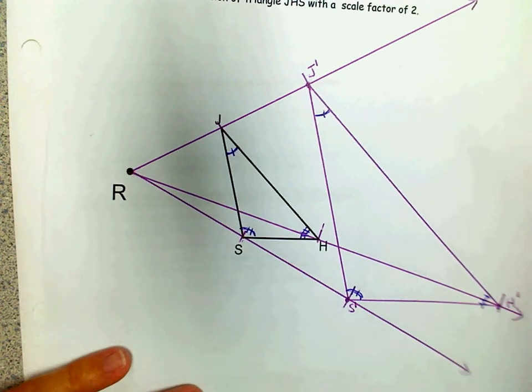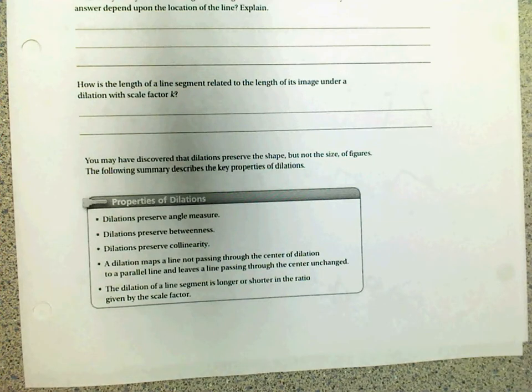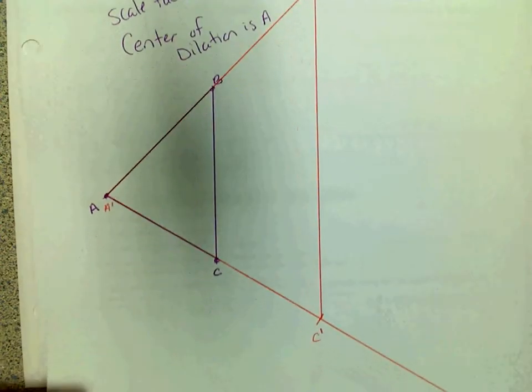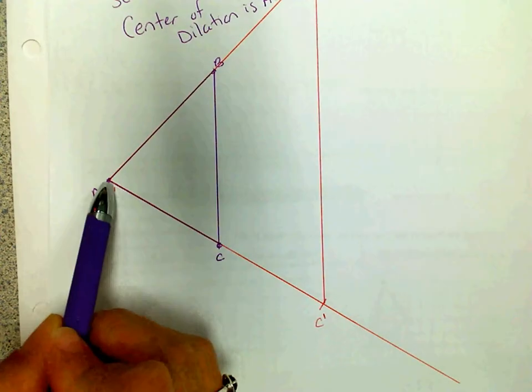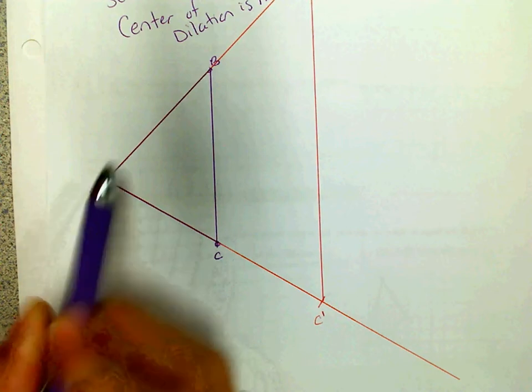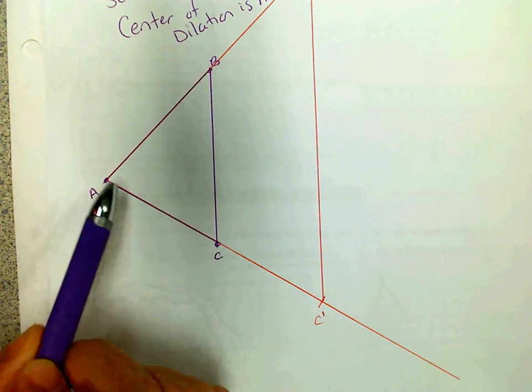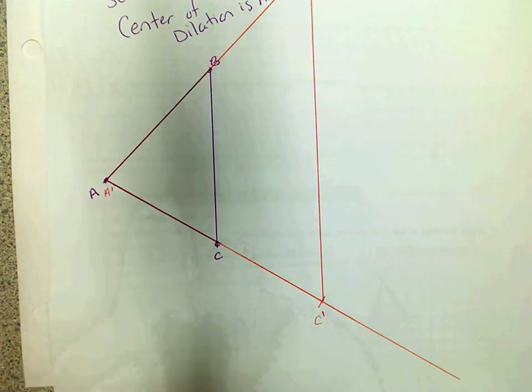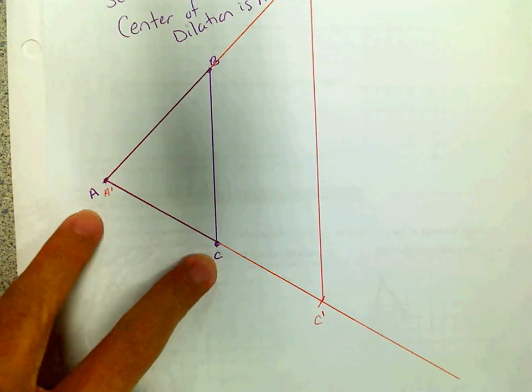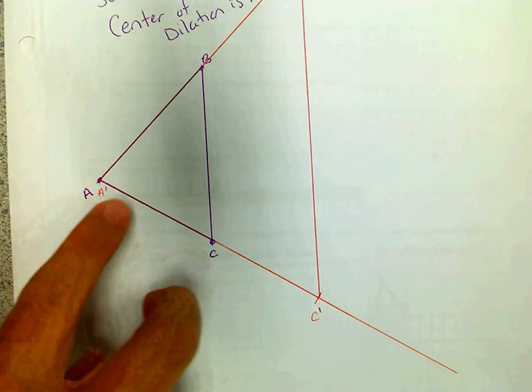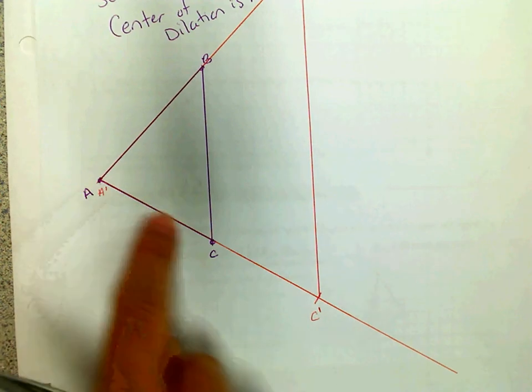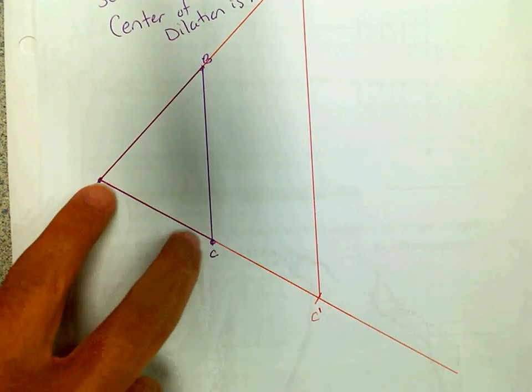The second part of it says, and it leaves a line passing through the center of dilation unchanged. So if the sides of your figure go through the center of dilation, then those lines do not change. So A, C lie on the same line as A prime, C prime. They're all on the same line. This line does not change.